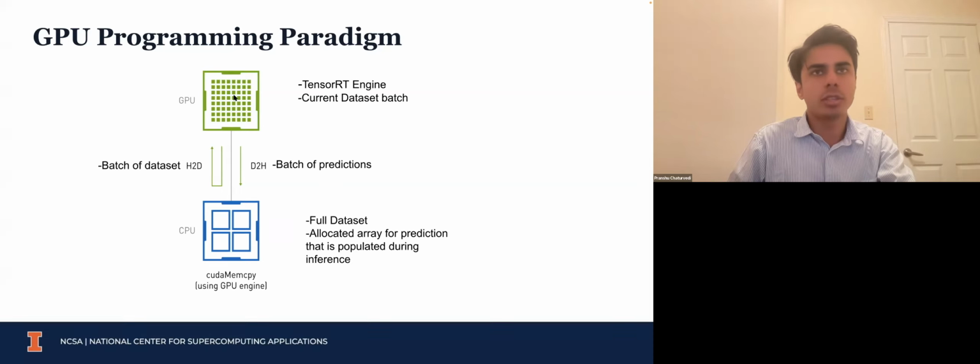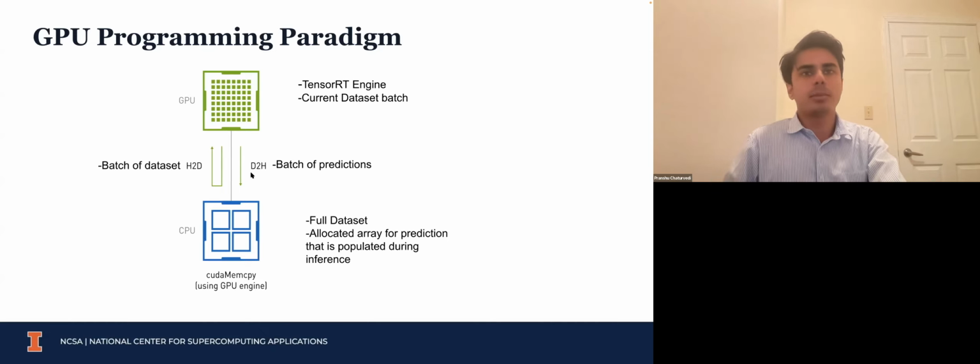Now we have one batch on the GPU, and we would call a command called execute, which is part of TensorRT. What execute will do is perform inference and save the output on the GPU. We would then call another command, cudaMemcpy from device to host, to copy that batch back to the CPU and populate that portion of the array. And we would keep doing this over the entire data set.